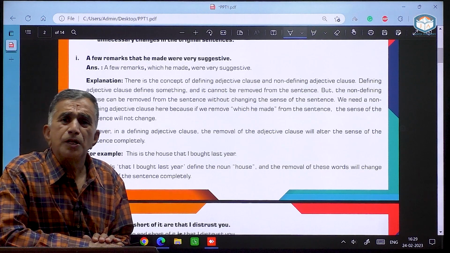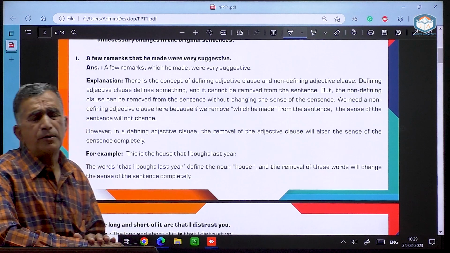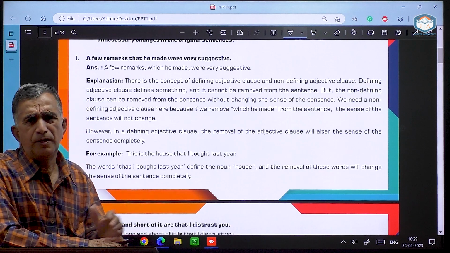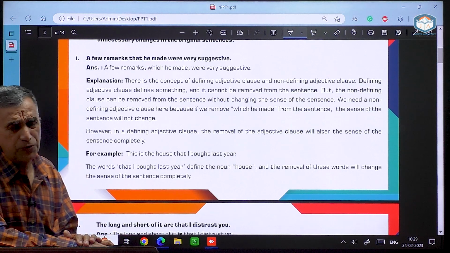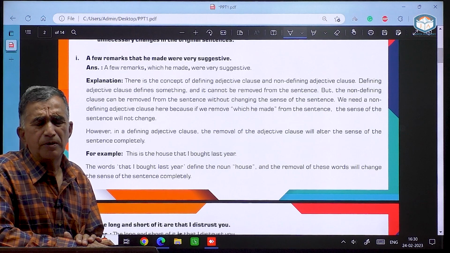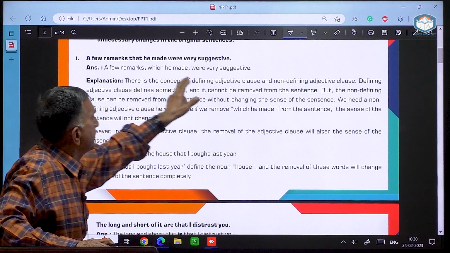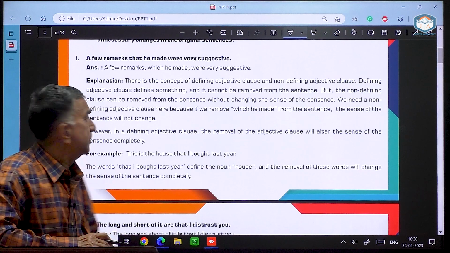We use non-defining adjective clauses for saying something which can be omitted and the sense does not change. Defining clause is that we cannot remove that because the sense will change. So here we require a non-defining adjective clause.